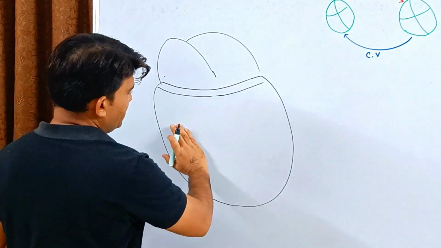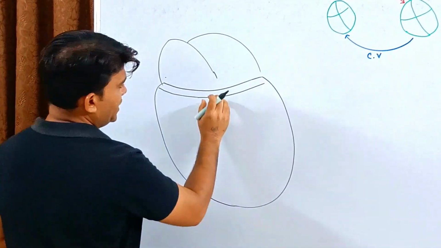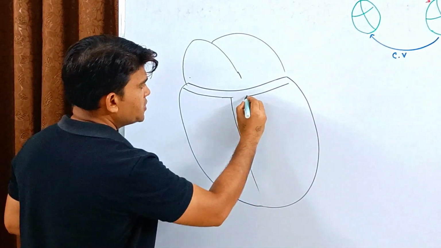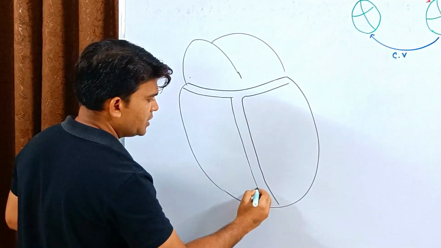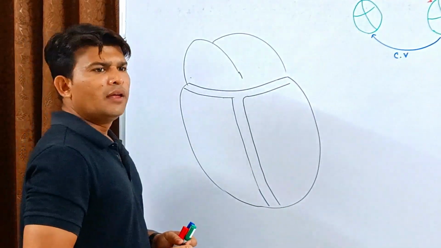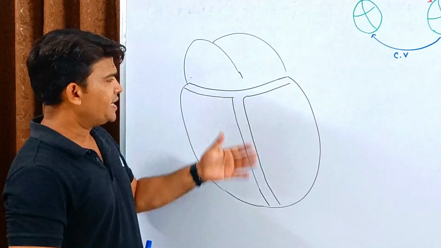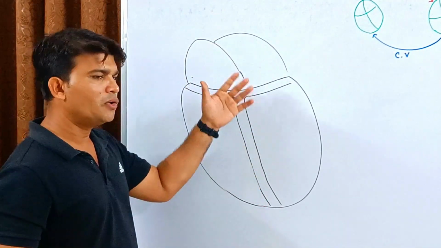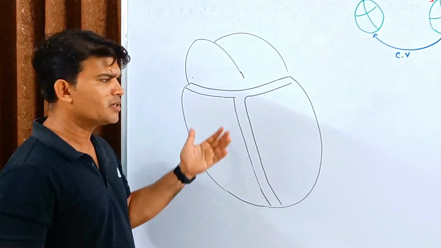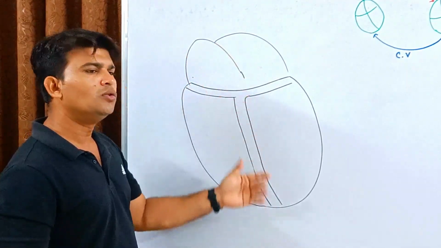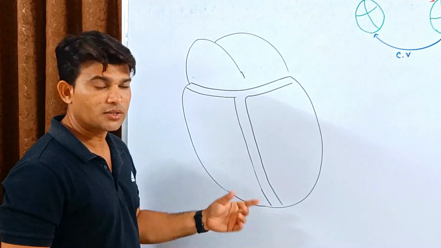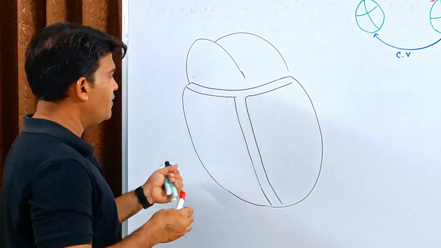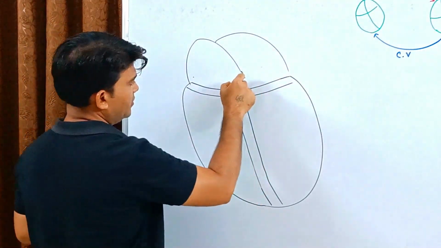And in between the right and left ventricle there is another groove, and what should be the name of this groove? This is the anterior part of the heart. This is the anterior interventricular sulcus, or simply the anterior longitudinal sulcus, right? So coronary arteries travel from here and here.